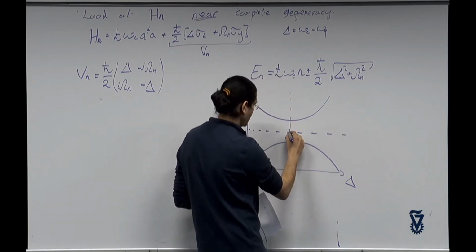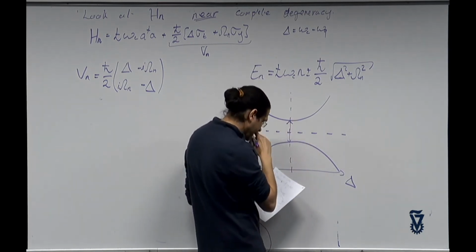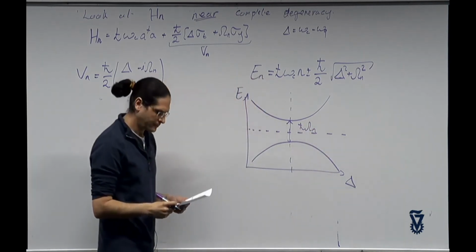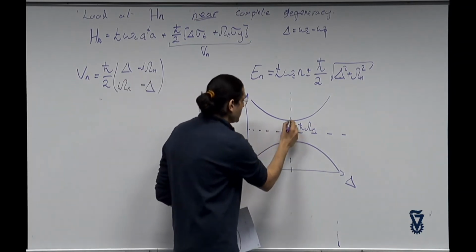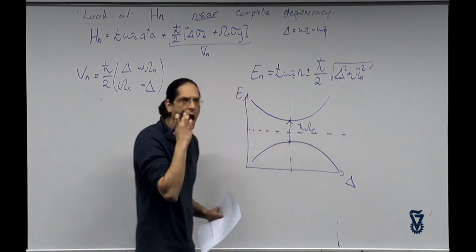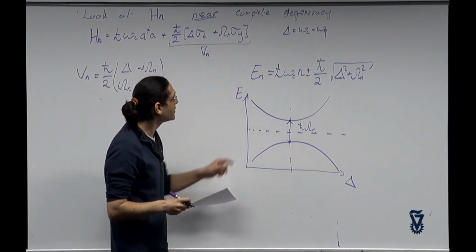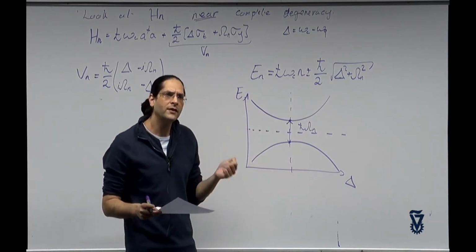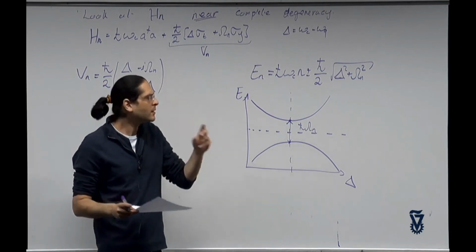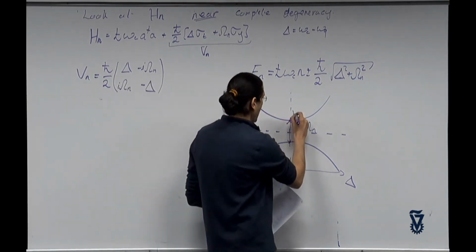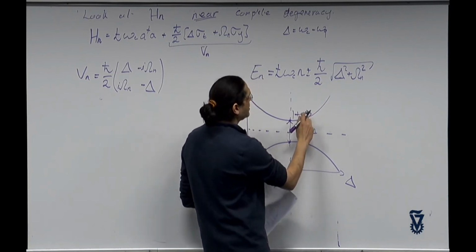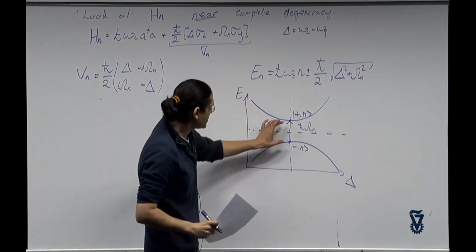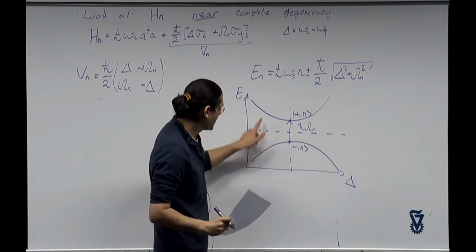And right on resonance, you have h bar omega n. And you have these two steady states. The plus and minus steady states. Okay? So these are the eigenenergies of this doublet Hamiltonian, the eigenenergies plus and minus. So we're going to have plus n, n symbolizes which n we have, and minus n. So these are the two states of the doublets, and this is what it looks like in the close vicinity.